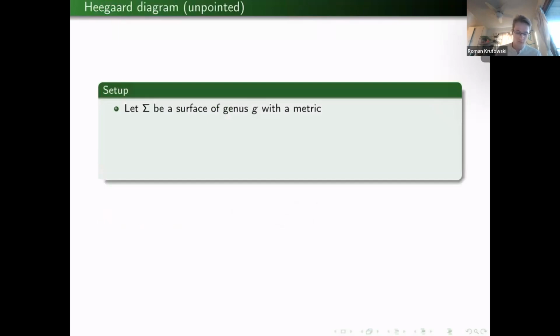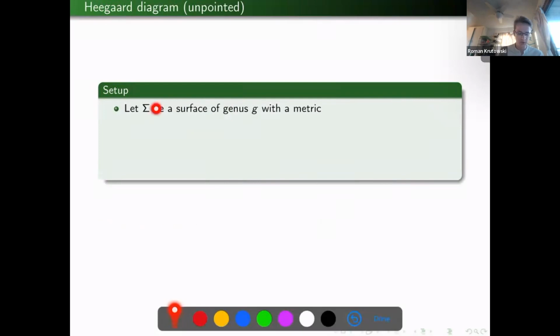So we start with recalling what a Heegaard diagram is. We have some Riemann surface of genus g, and we assume there is a metric on it, though nothing will really depend on this metric.